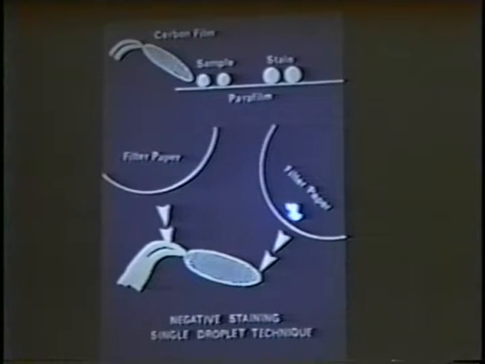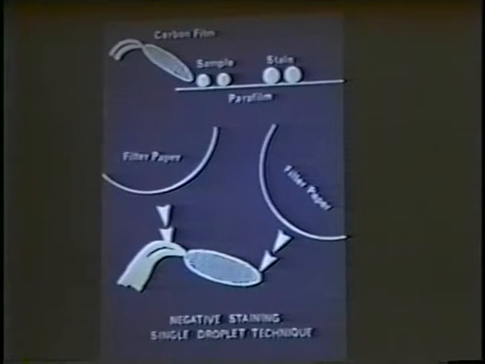Again, the excess fluid is removed by touching the filter paper onto the edge of the grid, and finally it is necessary to put the filter paper between the tips of the forceps. The grid is then positioned onto a Petri dish, onto a filter paper. This technique works well for protein suspensions, isolated cellular membranes, liposomes, lipid micelles, and viral particles.